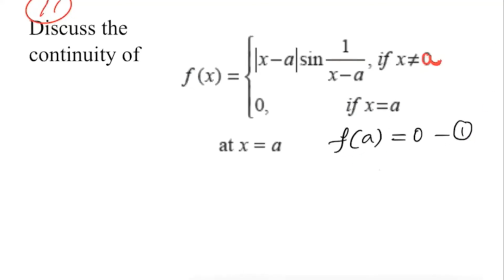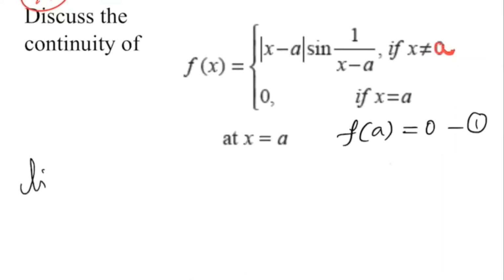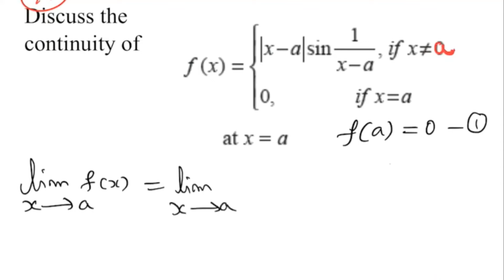Now we shall find the limit of the function as x tends to a. F of x, that is limit of x tends to a mod of x minus a into sine of 1 upon x minus a.